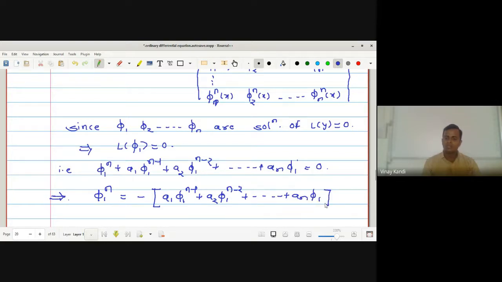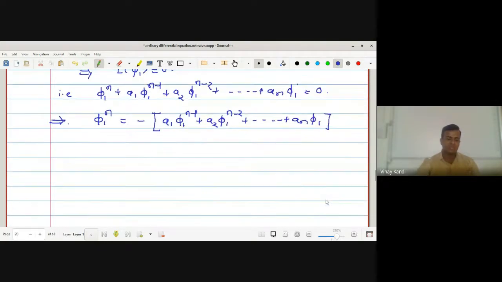Okay, so this is the value of phi 1 raised to n. In the summation form, we can write like this, minus summation running from 1 to n, ai into phi 1 raised to n minus i.